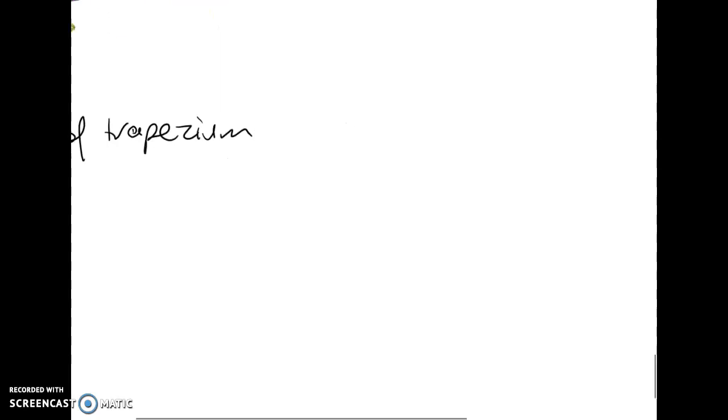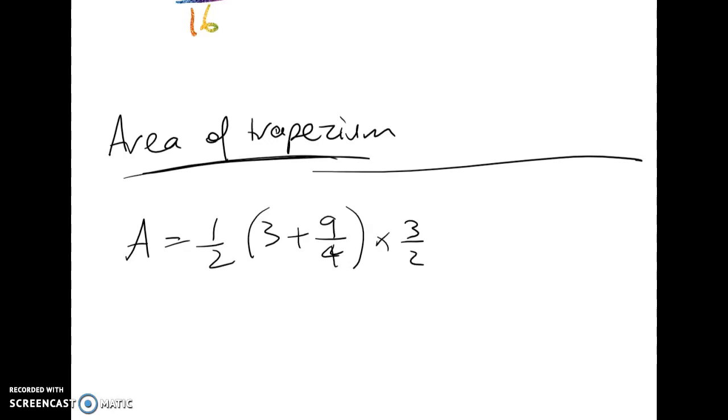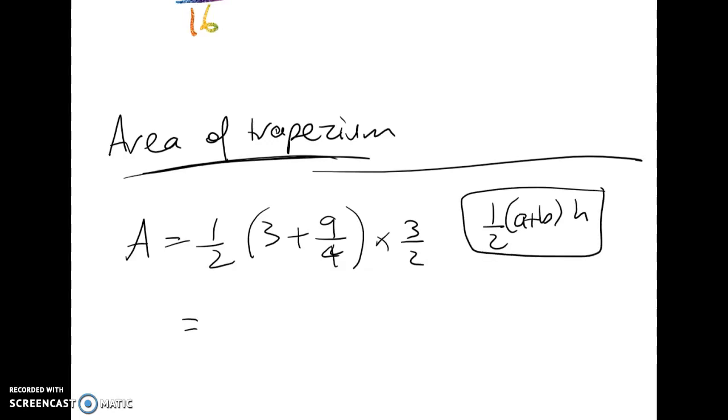So area of trapezium, A is equal to the average of the two heights times the width, or whatever we call it. So that's a half (a plus b) h is the formula. That gives me 3/4 of 21 over 4, which is 63 over 16.